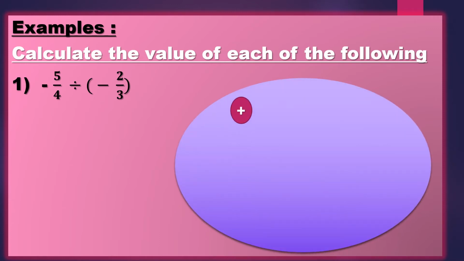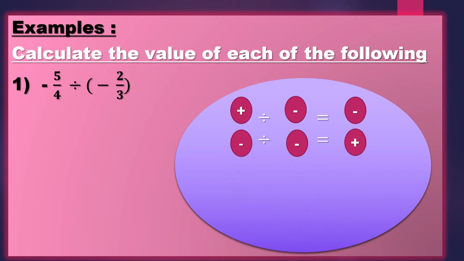We studied the sign rule before. Let's remember it together. Positive divided by negative will equal negative. Okay? Negative divided by negative will equal positive. Positive divided by positive will also equal positive.